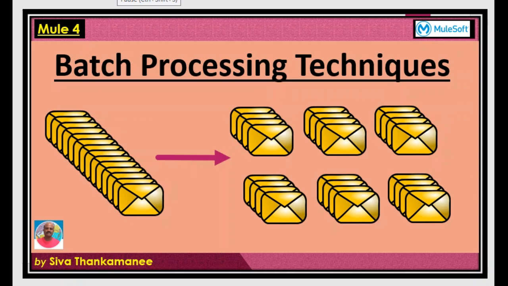So let's see how batch processing works in Mule 4 in general. We get the input either in the form of a file or in the form of a request through a REST service or FTP, or in some manner we receive a bunch of inputs. In this video, we are not going to see how we can process 1 GB or 5 GB files, as there is a separate video I published that you can refer to.